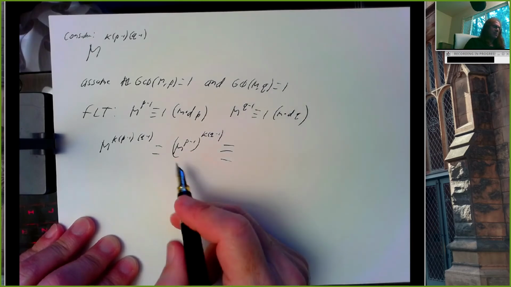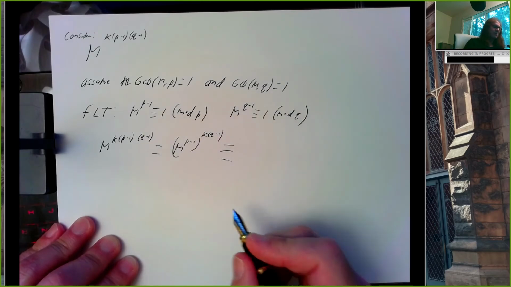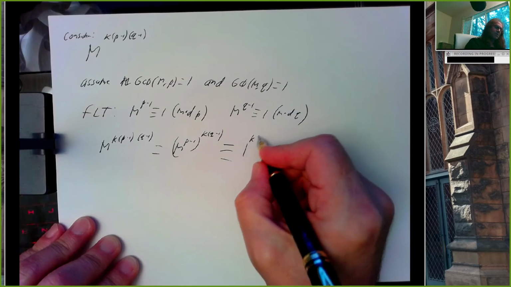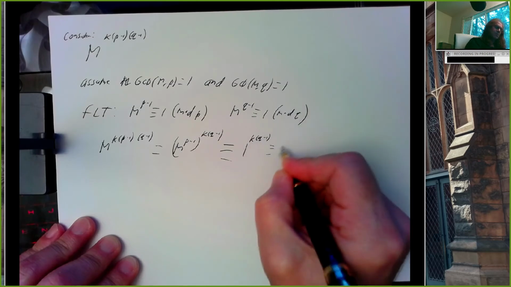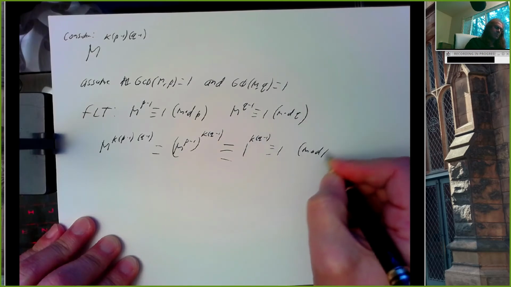And if we work modulo P, M to the P minus 1 is congruent to 1. So this is congruent to 1 raised to the K times Q minus 1, which is just 1 modulo P.